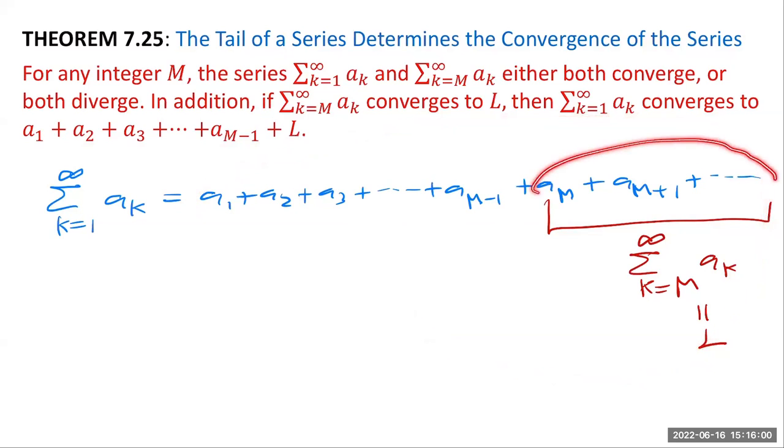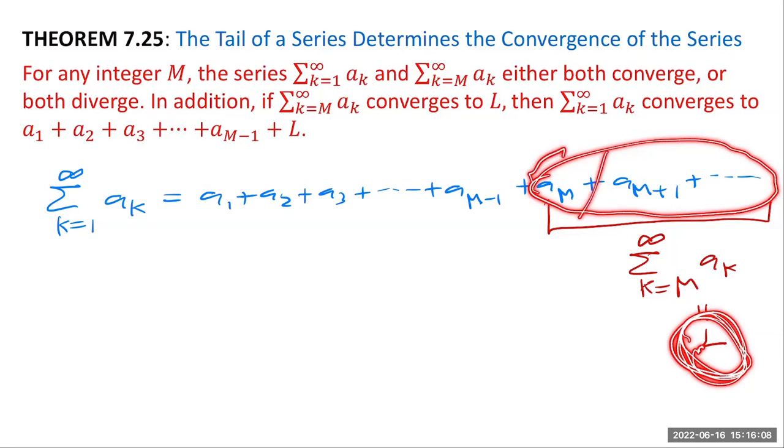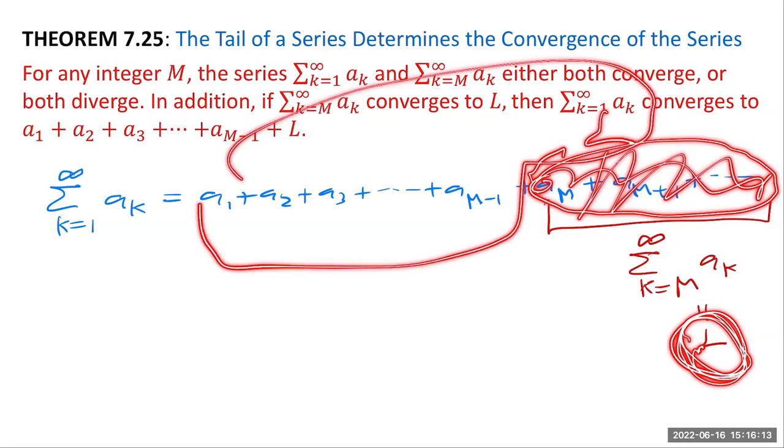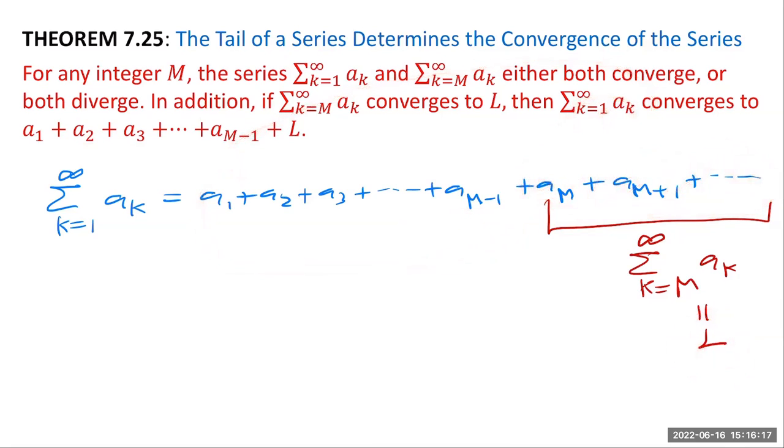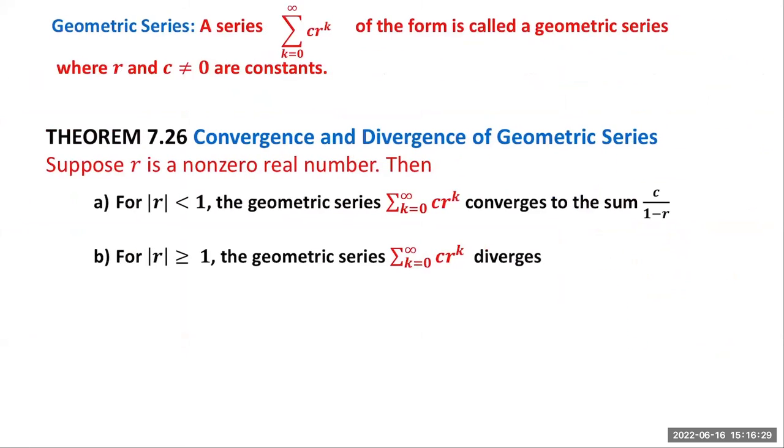If the sum of all these tail terms is L, you put L here for this whole thing, and that becomes a1 plus a2 plus all the way up to am minus 1 plus L. All right, that is what I wanted to go over for that theorem. Let's move on.